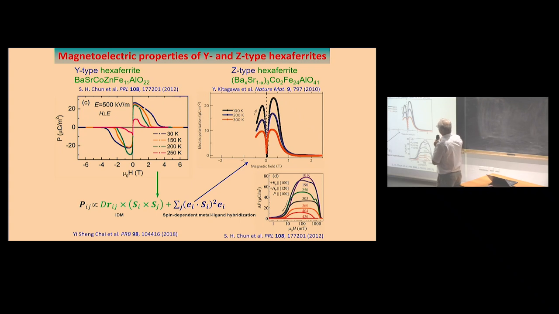Note the chemical composition is very similar, but it finally has a different magnetoelectric coupling. I would like to stress that in this case the magnetoelectric coupling is seen also above room temperature. It is a room temperature multiferroic up to 400 Kelvin due to the transverse conical magnetic structure.